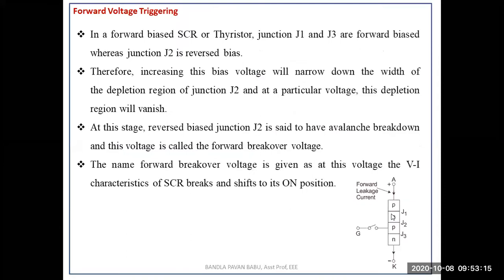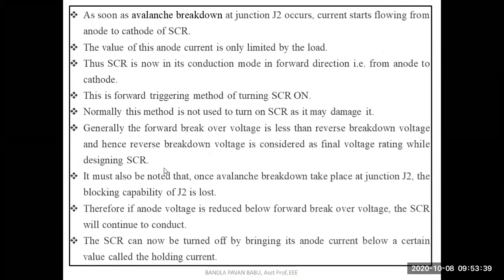Think of a practical example: a huge crowd is at the gate point. Once we open the gate, we cannot immediately close it. Once opened, a huge amount of current flows, and there is no control over junction J2. That is how it behaves in the SCR.